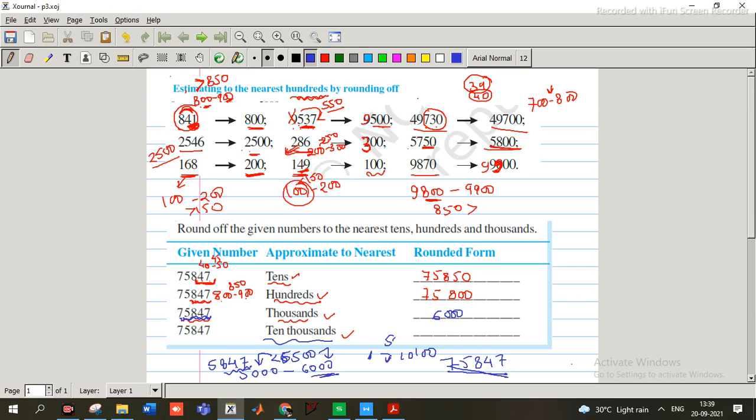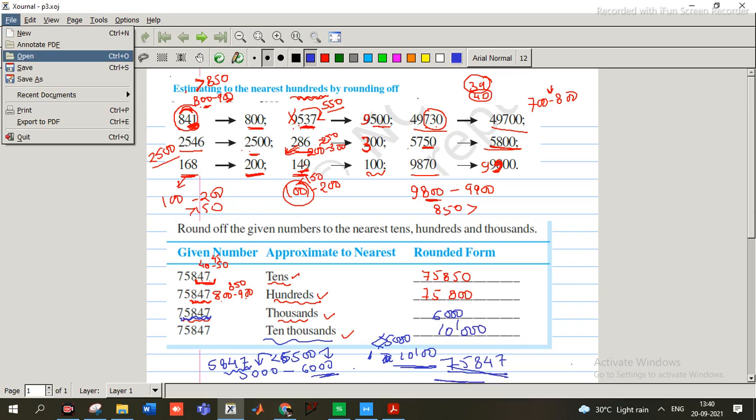The 5000 will come in mid. So greater than 5000 will be 10,000, and less than 5000 will be 1. So as it is greater than 5000, I'll have to write it as 10,000 in this way. Okay, so let's move ahead.